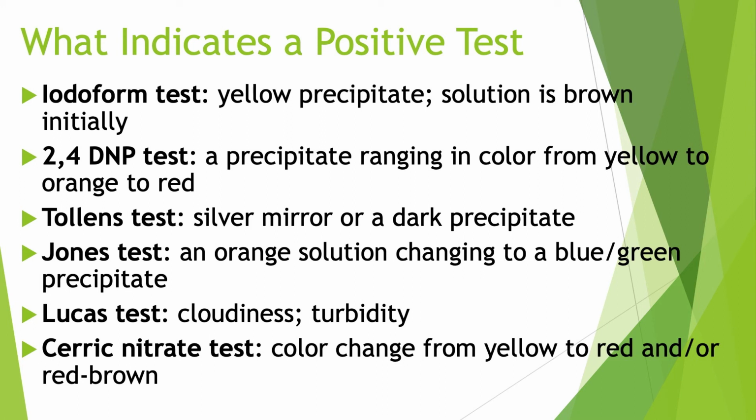Jones reagent, you've seen before: the orange solution, if there is a reaction, that orange color disappears, and then you form that blue-green kind of precipitate. Again, what we mentioned here was the cloudiness or turbidity. And then for the ceric ammonium nitrate test, we're looking for a color change from yellow to red-brown.